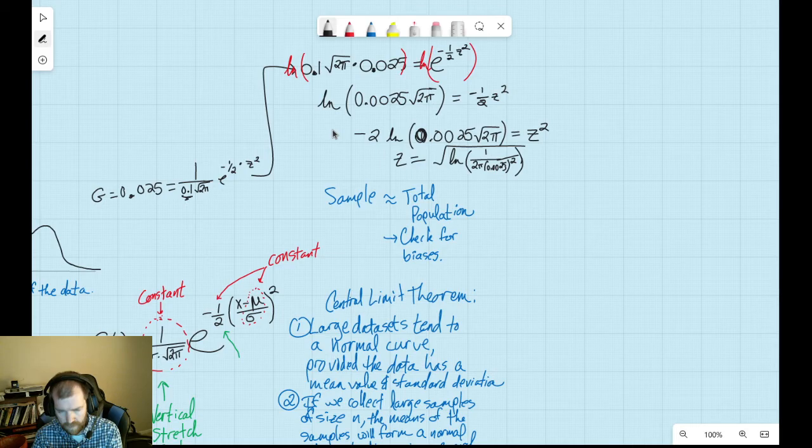Take the square root, then multiply by 0.0025. Take the natural log. Multiply by -2, and we get 10.145. Take the square root, it's the same number, 3.185. Huh. Well, we're in trouble. What happened?